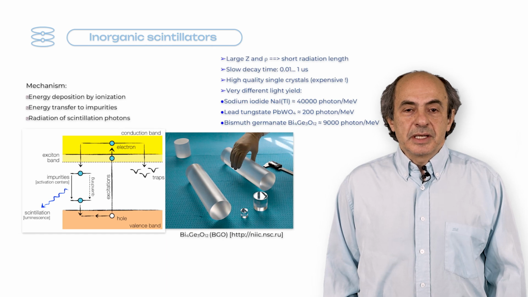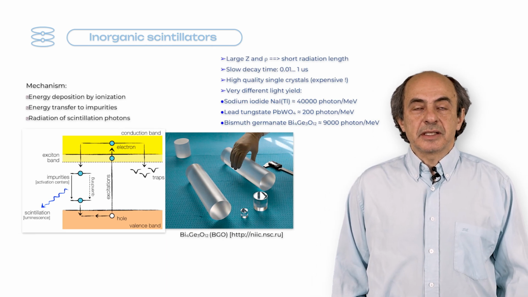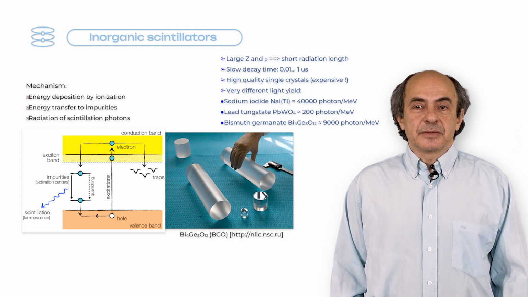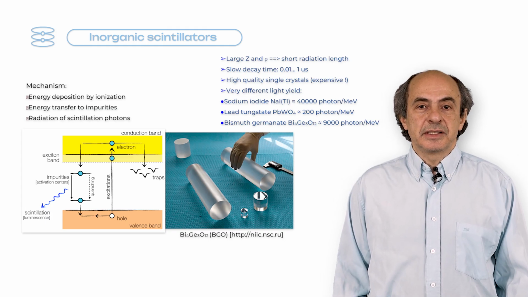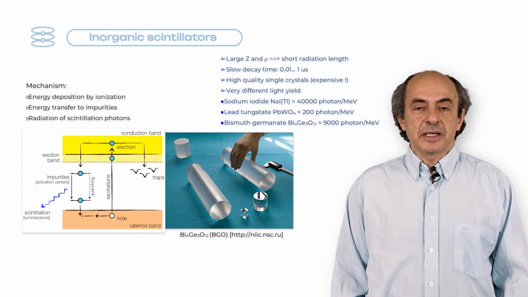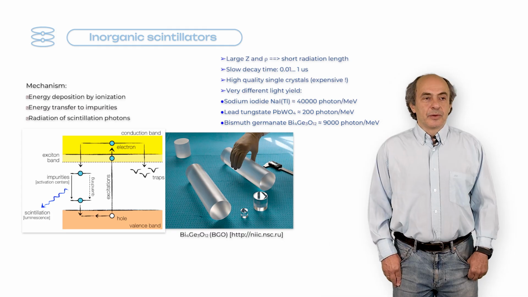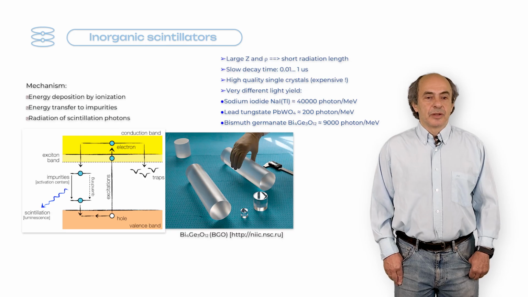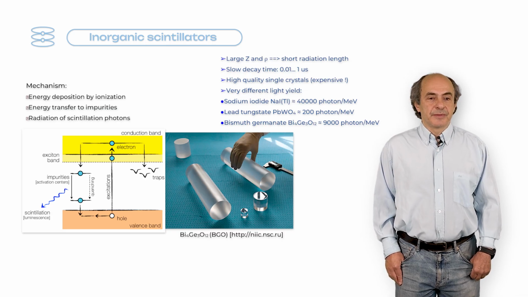We will discuss our scintillators, starting with inorganic scintillators. The mechanism for inorganic scintillators is very different from the mechanism for organic scintillators. Inorganic scintillators are insulators. In the normal state, all electrons are in the valence band and no charge can travel freely.